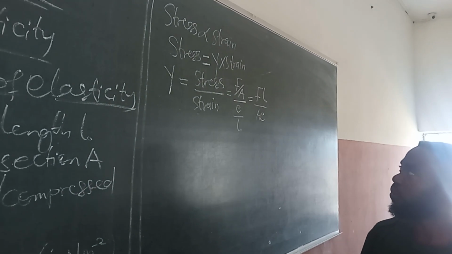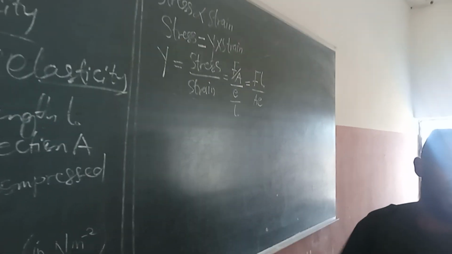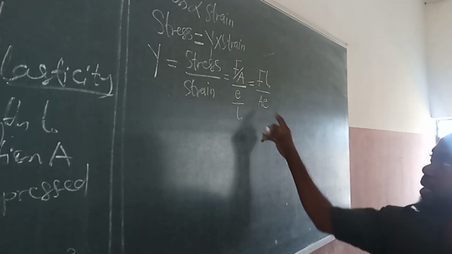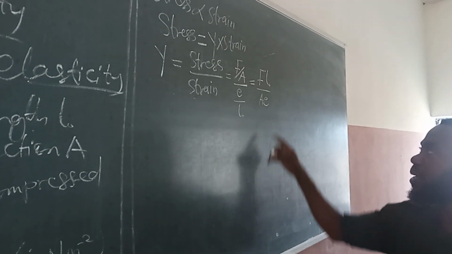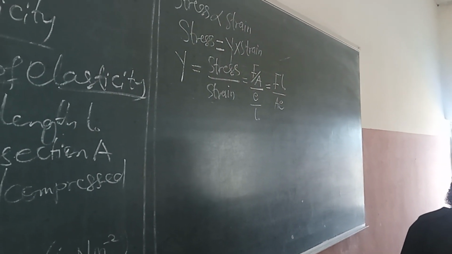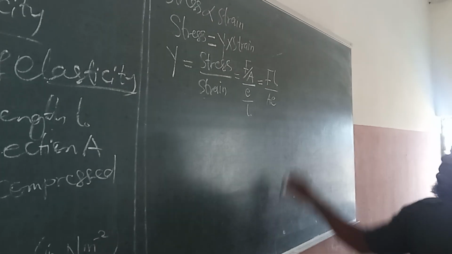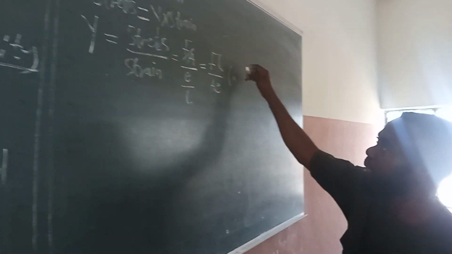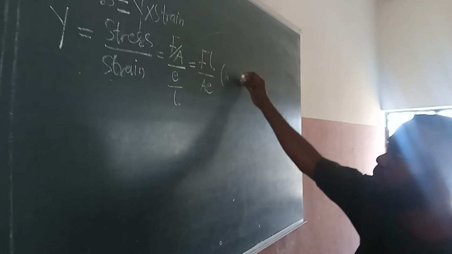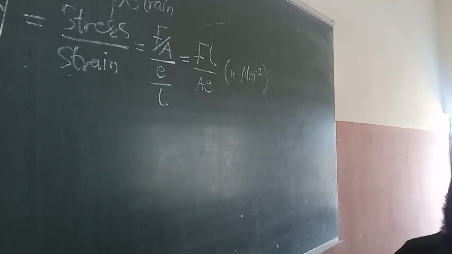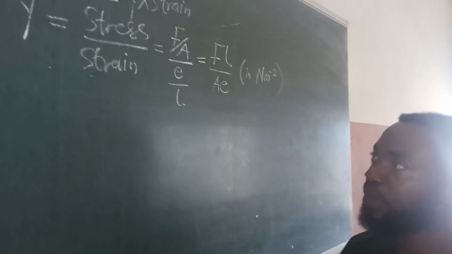F is the force, L is the original length, A is the area of cross section of the body, e is the extension produced. And Young's modulus has a unit of Newton per meter squared. It is a scalar quantity.